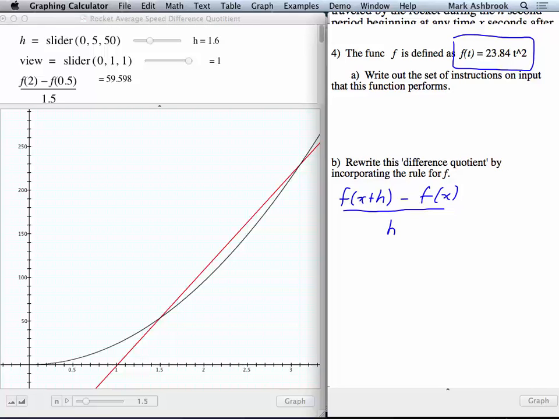What does this function tell you to do with the input? How about part A? So what does the function tell you to do with the input?